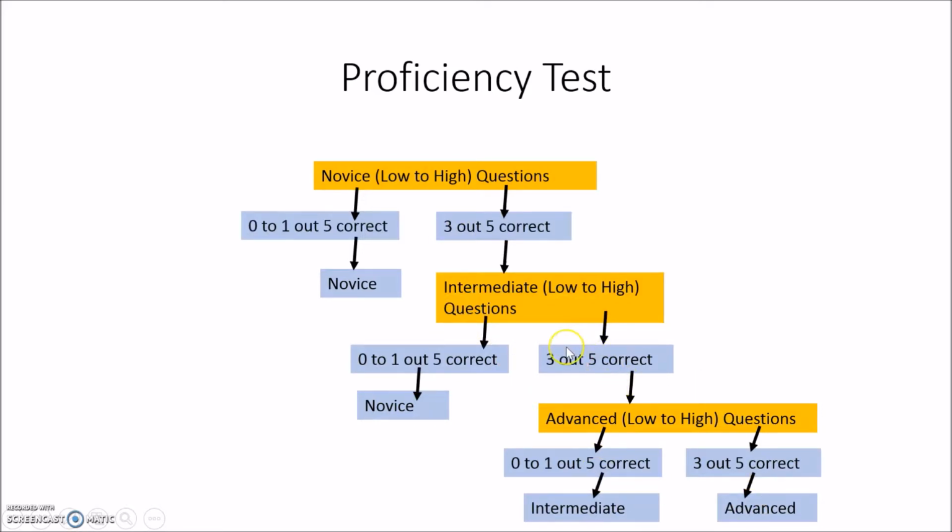On the other hand, if they answer intermediate questions correctly, 3 out of 5, at least they get a chance to progress into advanced. And again, if they answer 0 to 1 of advanced, they're still intermediate. They're not advanced yet. And only if they score 3 to 5 of advanced, they qualify as advanced. Of course, it's a simplification.